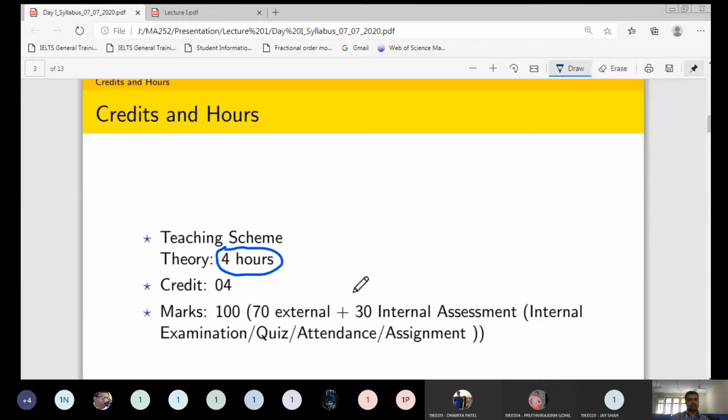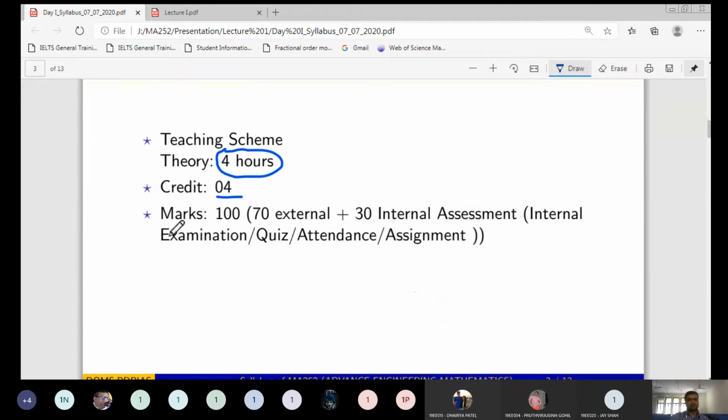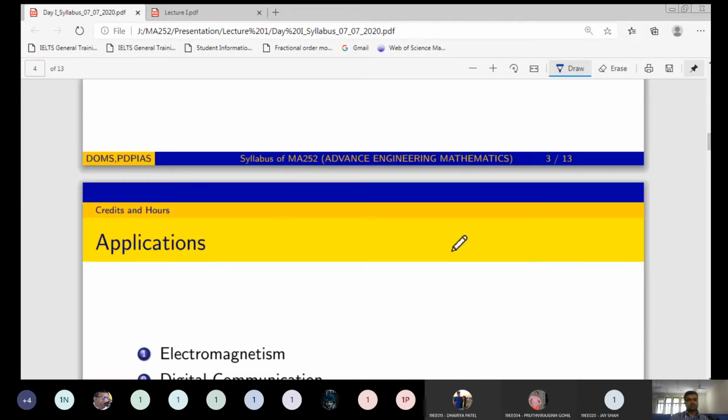This is a 4-unit course in total. As you know about the marks, it is 100 marks: 70 marks for external and 30 marks for internal assessment. Internal assessment contains the internal examination, quiz, attendance, and assignment. These are the components of internal assessment.